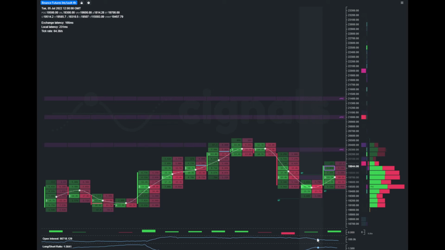So we see here there's been a ton of divergences printing over the past day plus as price is coming down, that we can't break past these local lows of about 18.7, 18.8.